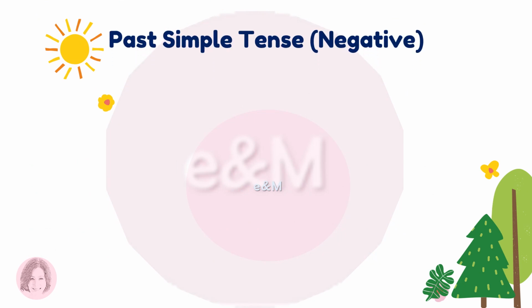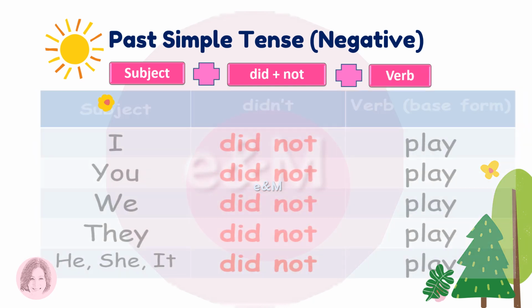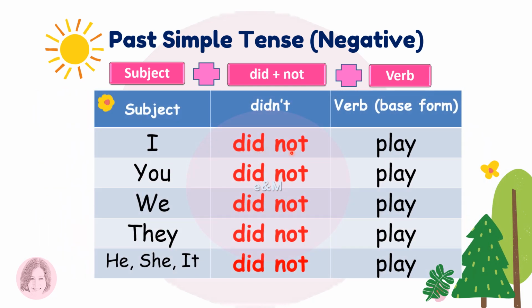Let's have a look at the past simple negative form. For all verbs, regular and irregular verbs, subject plus did, and we add not to it. Okay? Plus the base form of the verb. I did not play, you did not play, we did not play, they did not play, he did not play, she did not play, it did not play.